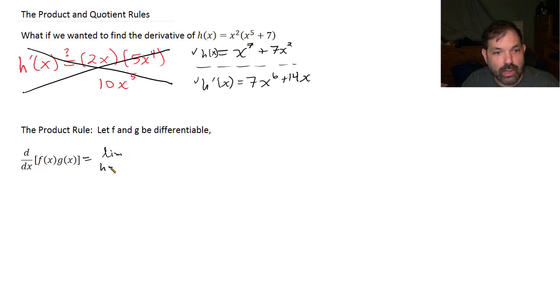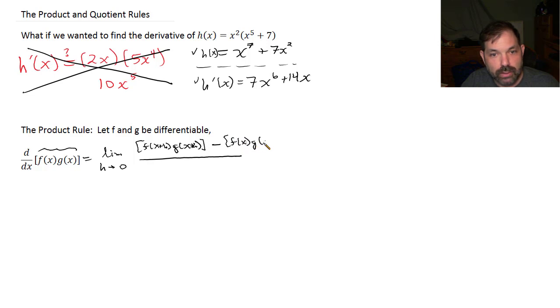This is the limit as h approaches 0 of f, okay, so now we're treating this as our entire function that we're differentiating. So we would have f of x plus h times g of x plus h minus f of x times g of x. That's all in the numerator, and we divide that whole thing by h.